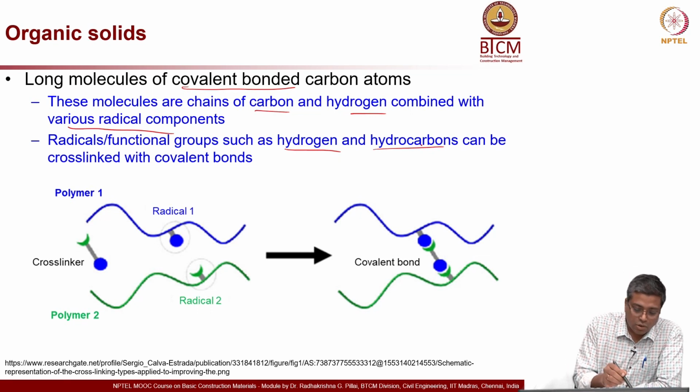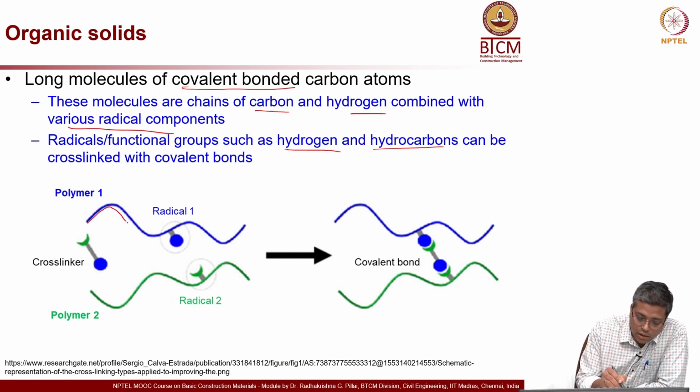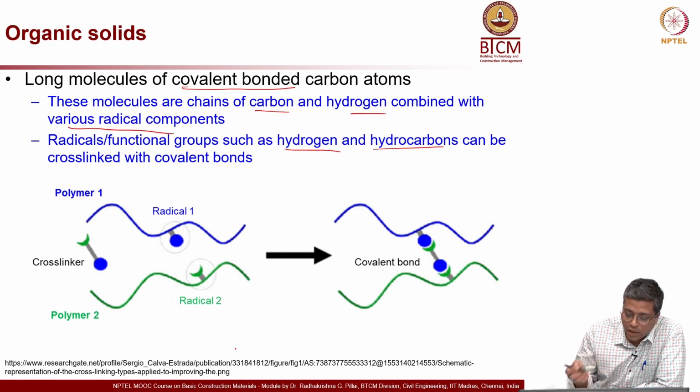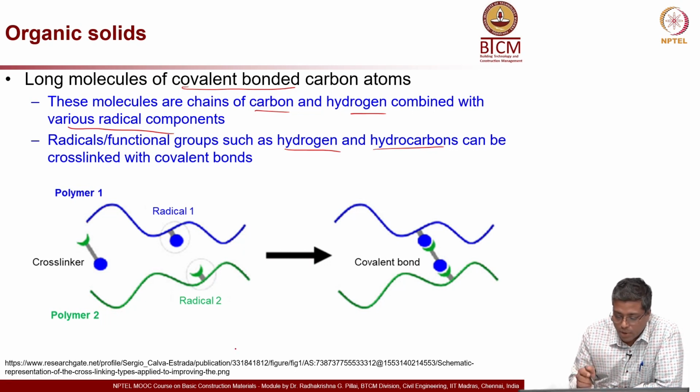Now, you can see here closely. I have this blue, this is one polymer chain, and then this green one is another polymer chain. Now, when they are combined, you have a covalent bond formed here.